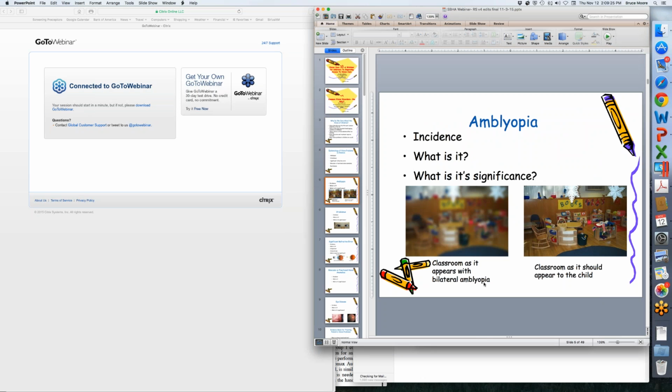First of all, what's the incidence of amblyopia? Generally, it's considered that about 3% of the population of children, and of adults, has amblyopia. In a classroom setting, it means that more or less one child per class on average will be an amblyope.